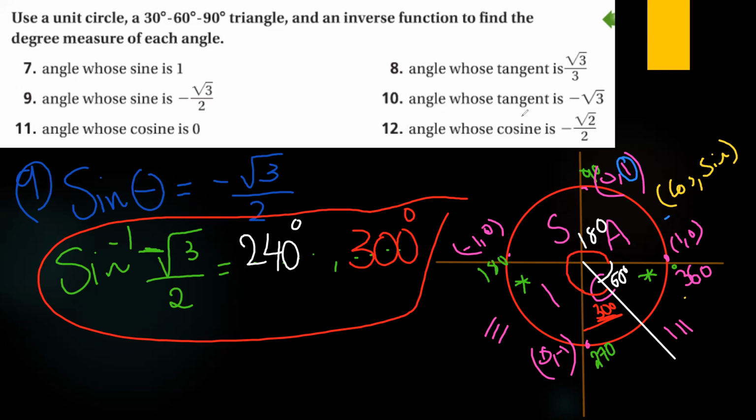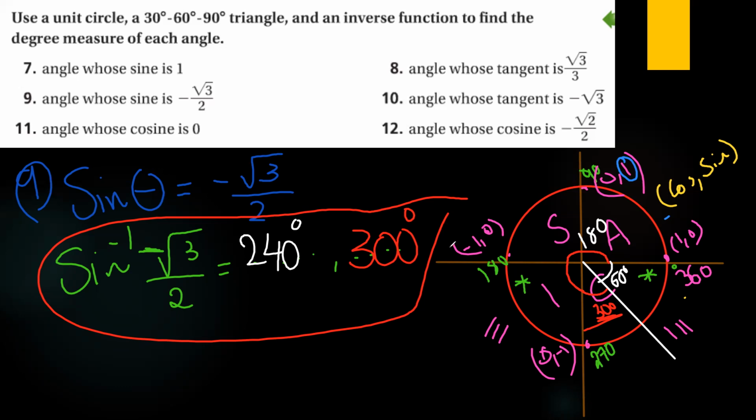Teacher, so we will make 360 minus 300. Yes. Okay, teacher, when we find an angle and we want to find another angle, we will subtract it from 360. Or we can just rotate it in the plane, right?